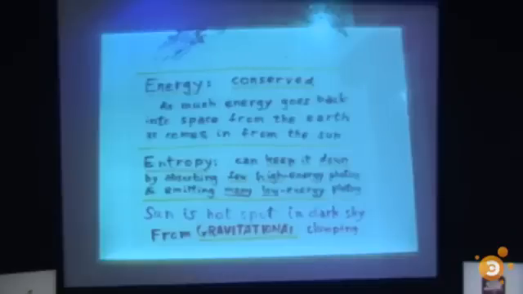Animals eat plants, and we eat animals and plants, and that's how we keep our entropy down. So the point of eating food is not to get energy, because that would just make us fatter and fatter and fatter. That's no use. The point is that we get energy in a low entropy form, and then we expel it back again in a high entropy form. So that is the key thing.